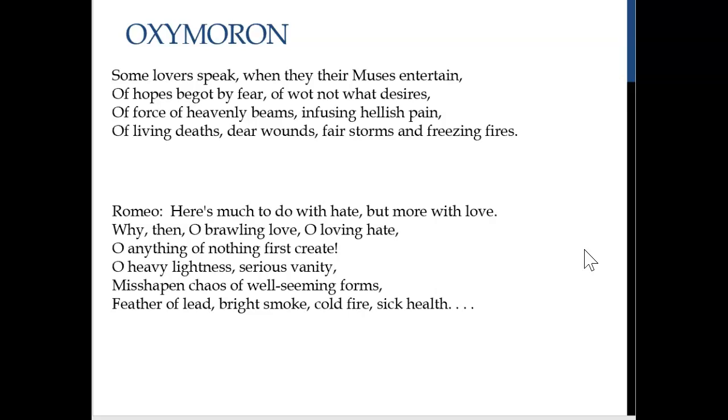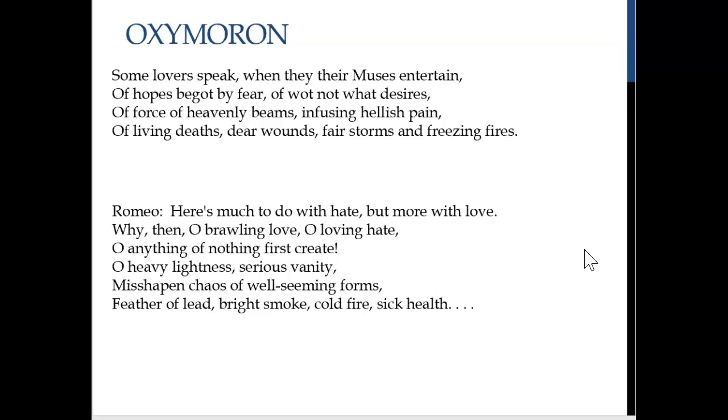So in that last line you see the oxymoron, the living death, the dear wounds, fair storms, freezing fires. Freezing fires, a classic kind of oxymoron. So again, what's he trying to express? Well, the emotional turmoil that his love is causing him.